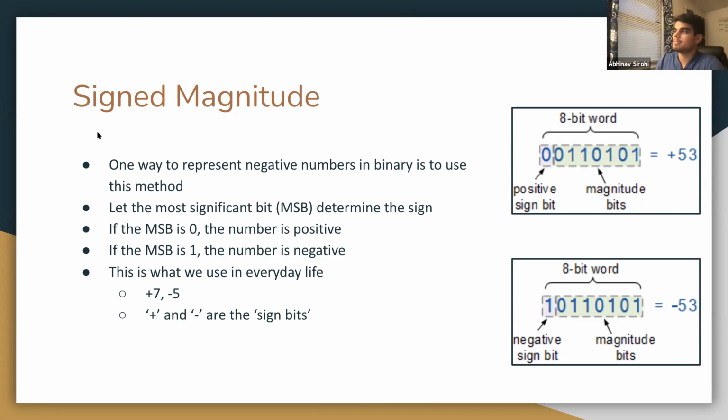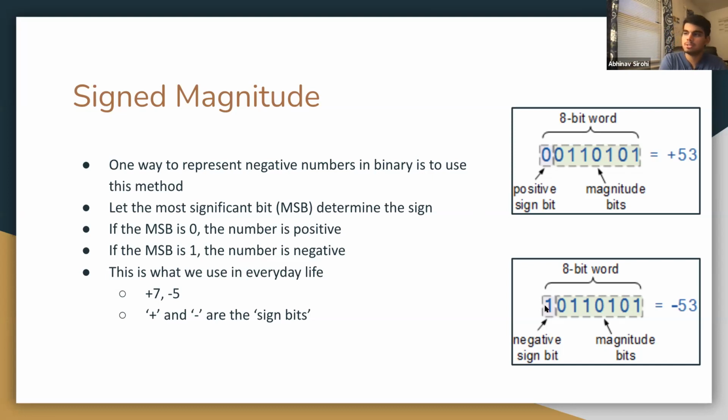So in sign magnitude, which is one of the methods of representing numbers, we decide that if the most significant bit, which in this case is the bit to the left, is 0, then the number is positive, and if that bit is 1, then the number is negative.